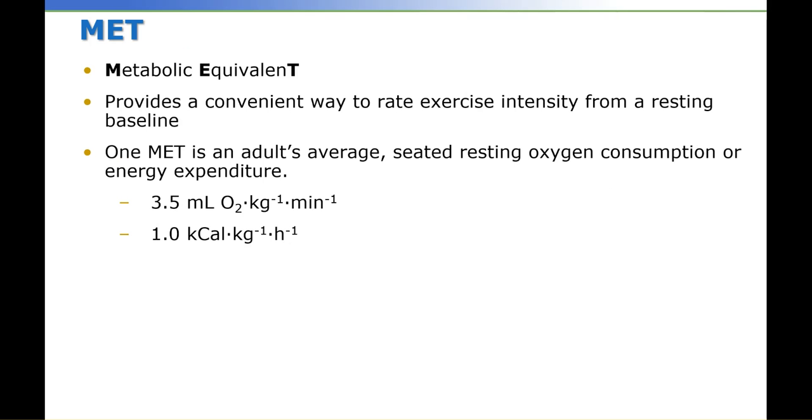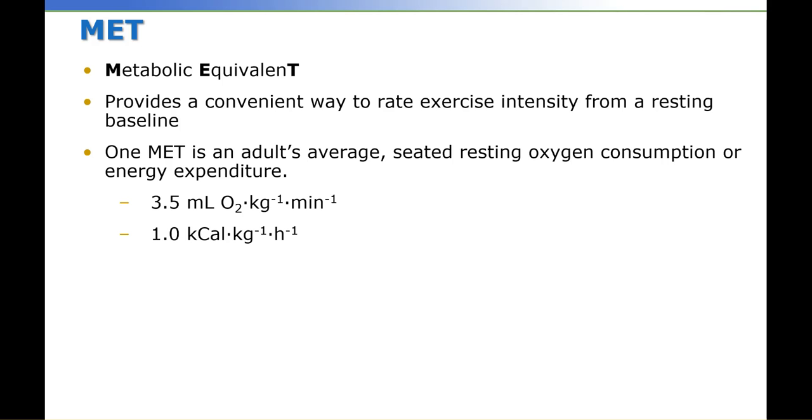A MET is a metabolic equivalent. One MET represents an average adult's seated resting oxygen uptake or energy expenditure: 3.5 milliliters of oxygen per kilogram per minute. So a 2 MET activity requires twice as much energy expended as at rest, and so on.